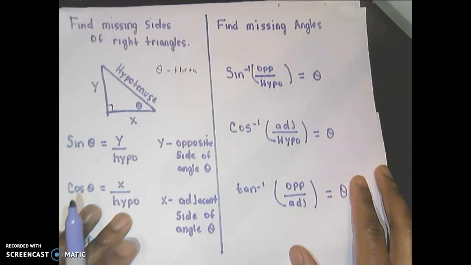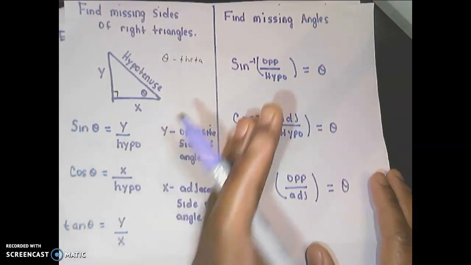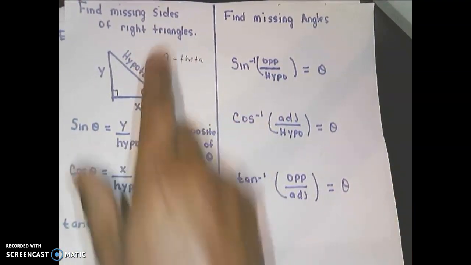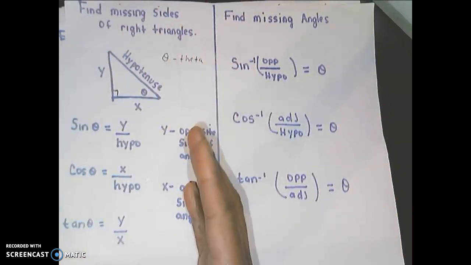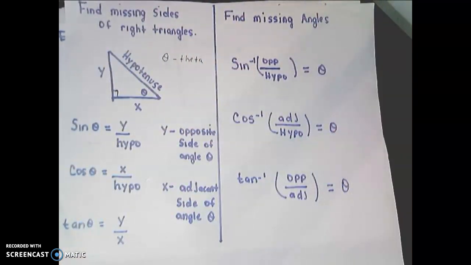So please take these notes down. This left-hand side is only when we're trying to find the missing side of a right triangle. The right-hand side is only when we're looking for the missing angle of a right triangle.